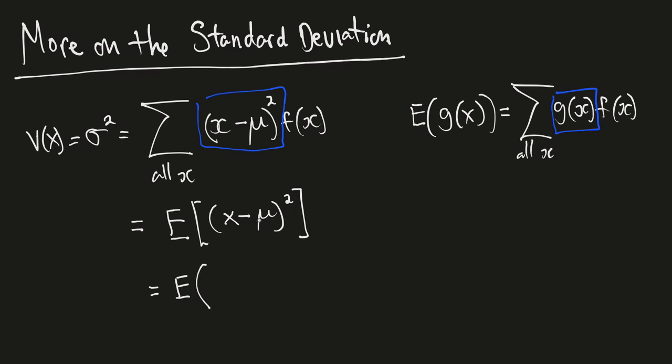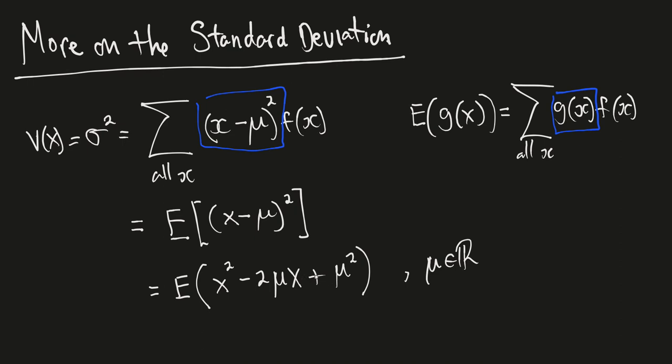When I expand x minus mu squared, I will get x squared minus 2 mu x, plus mu squared. Now remember, the mean is a constant. It's this theoretical average. So just keep in mind, mu is some real number.